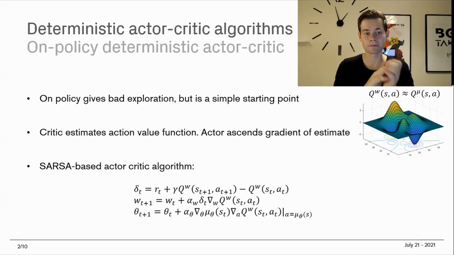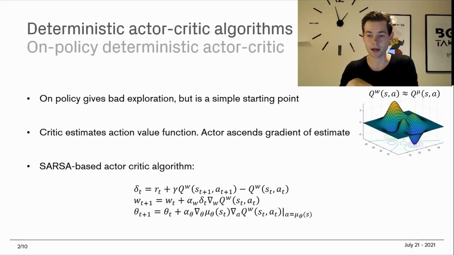So that's why off-policy could be a good idea, but for the sake of beginning this argument, let's start with on-policy. The critic then estimates the action value function, and we have something that resembles the action value function to the right here. We have some sort of surface, or it can be in more dimensions as well, so it's not very easy to visualize, but anyway, we have some function like this that we approximate.